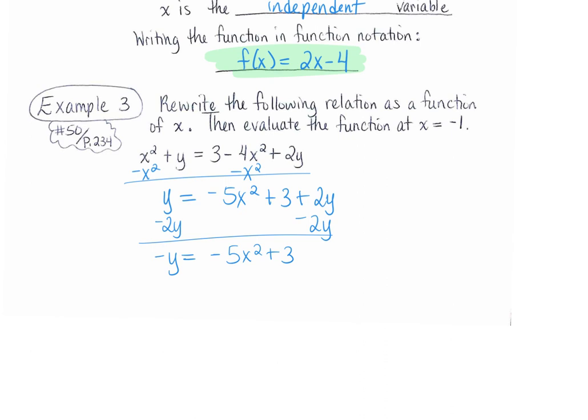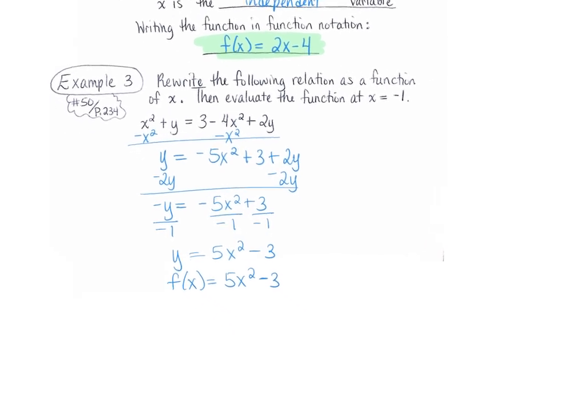Divide both sides by negative 1 to get y equals 5x squared minus 3. And when it says rewrite the following relation as a function of x, instead of y, we need to write f of x. So we have f of x equals 5x squared minus 3.